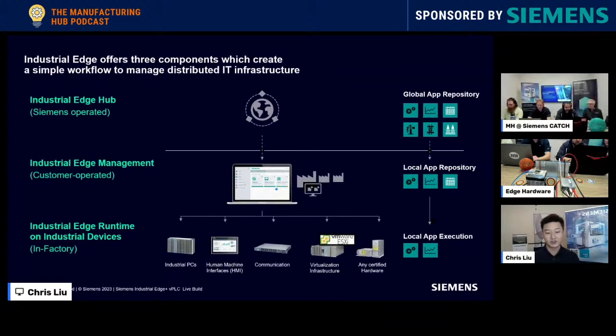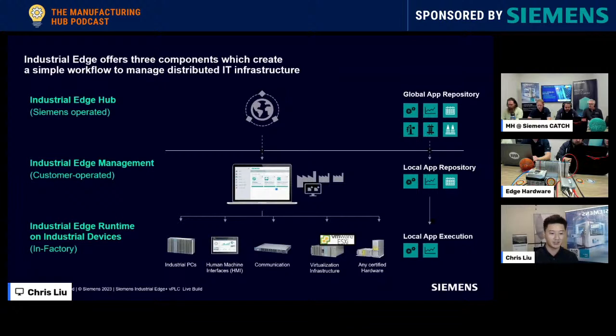Furthermore, the Industrial Edge Hub provides you with the app catalog, so you can run through all your purchased available Edge applications. And you can also find some very helpful documentation like a user guide in your Hub account.